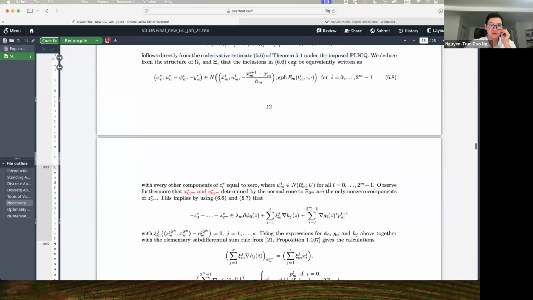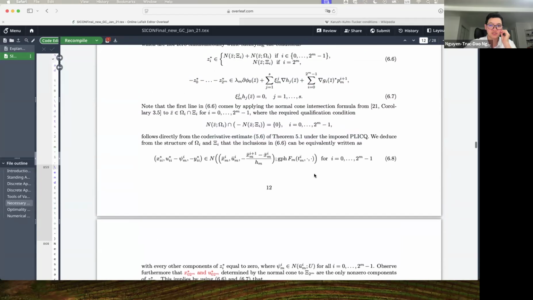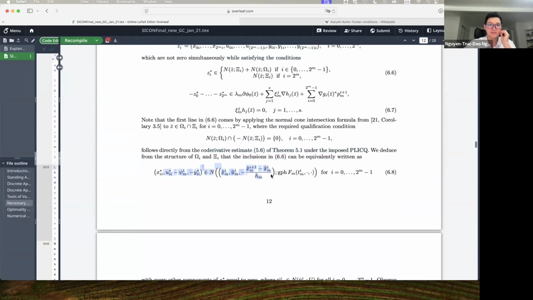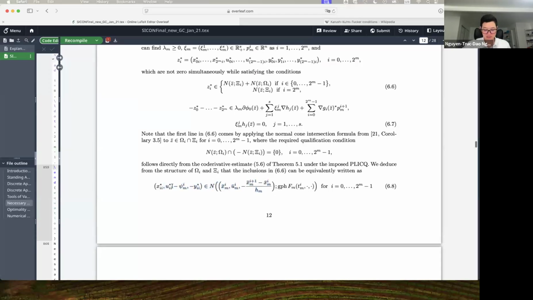And then we deduce from the structure of omega i and zeta i that the inclusion in 6.6 can be equivalently written in this form. How do we rewrite it in this form? When it satisfies the qualification condition and we apply the corollary here, we arrive at the following inclusion 6.8.